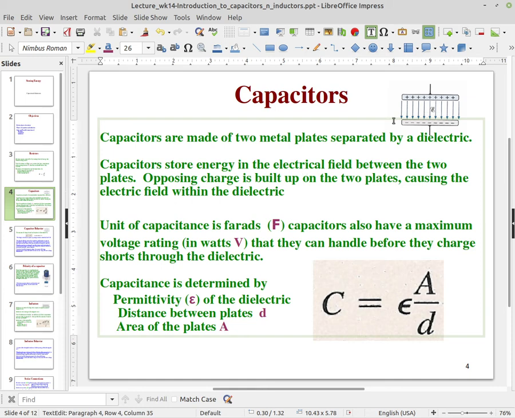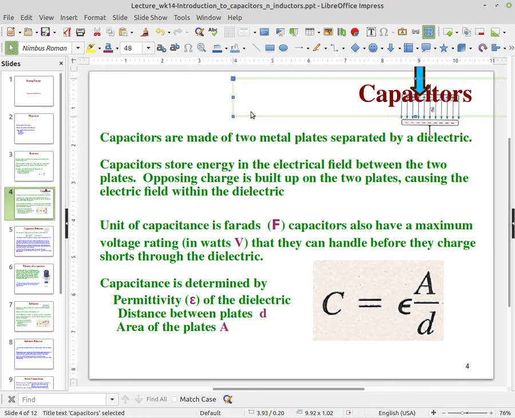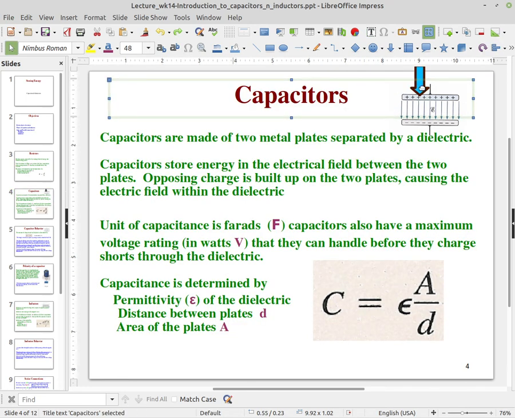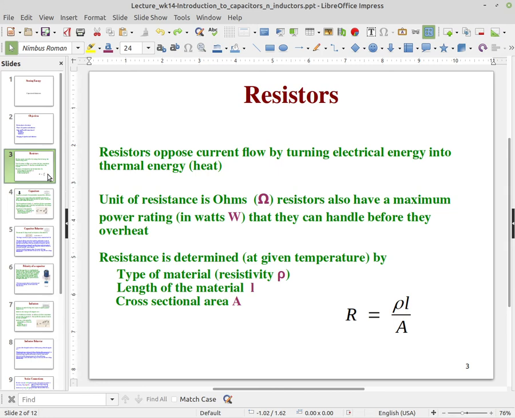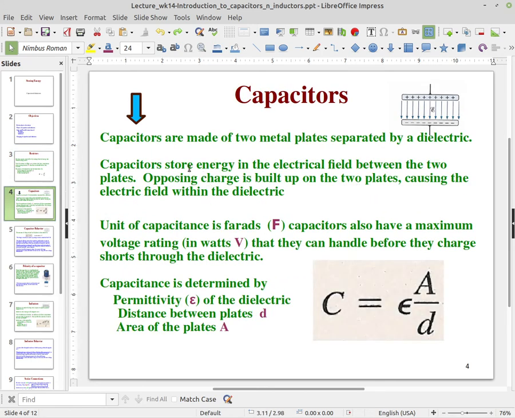They do this by building up a positive charge on one plate and a negative charge on the other plate, and therefore the attraction between the positive and negative charge is actually that energy, and so the energy is effectively between those plates.